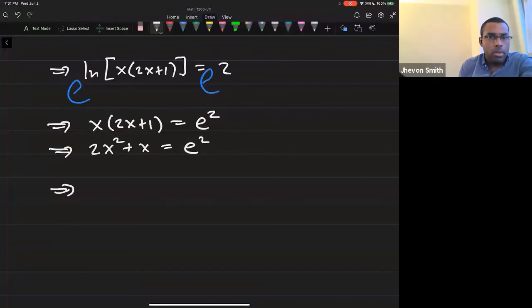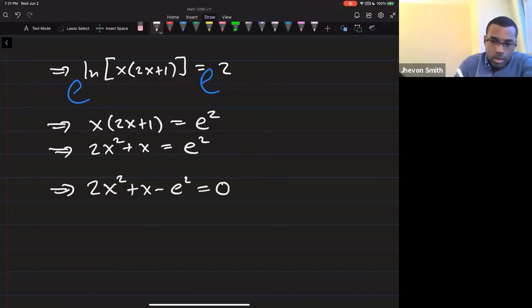Okay, how do I solve for x here? Do that because it's another quadratic.